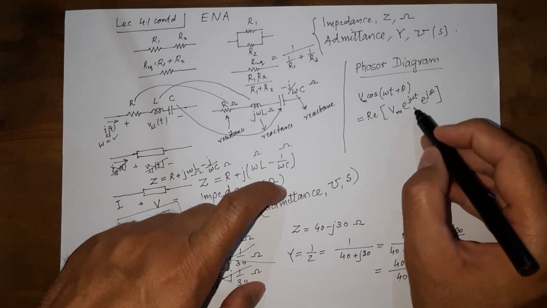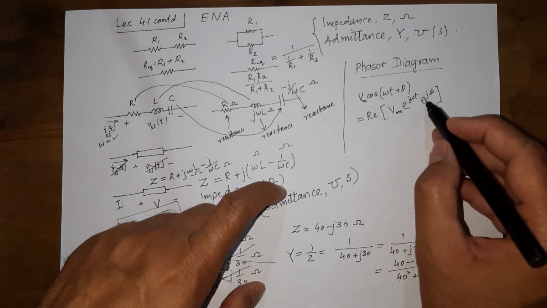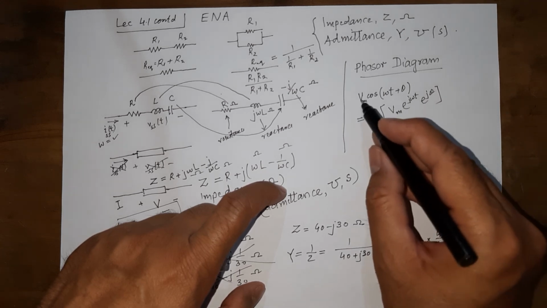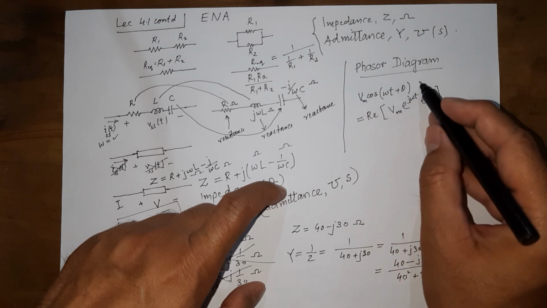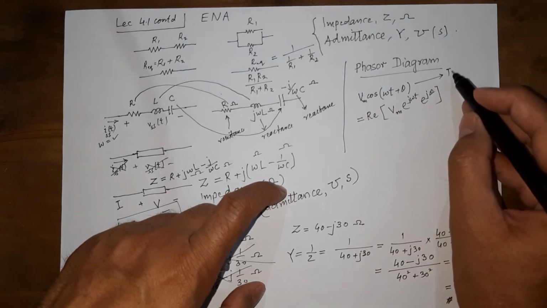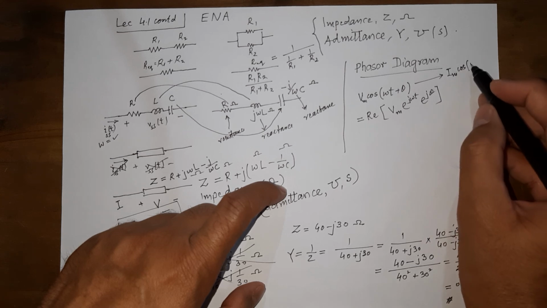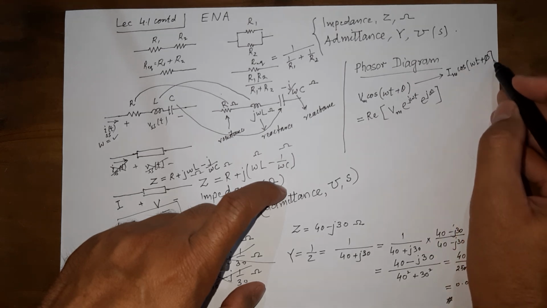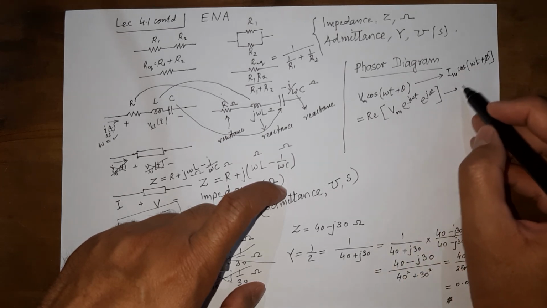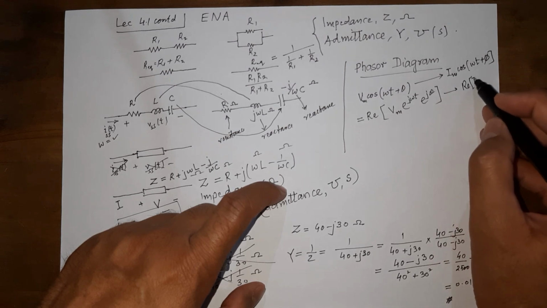This is a complex number, but using Euler's identity, the real part of this thing is still the same thing. So if this is the input, then this is the output, the real part of this complex number.